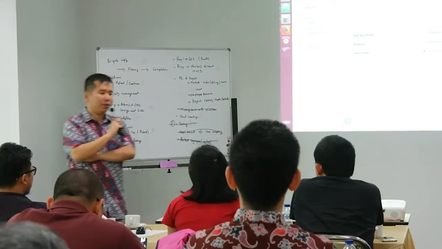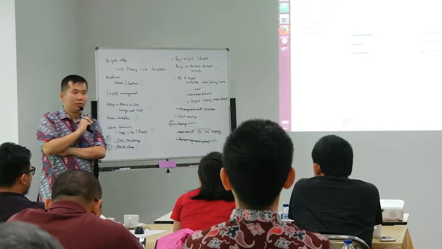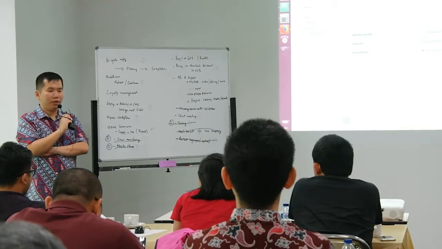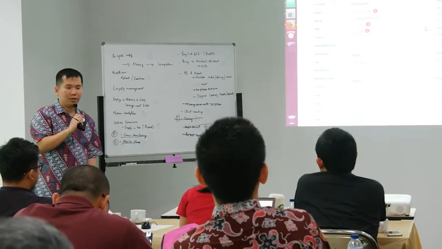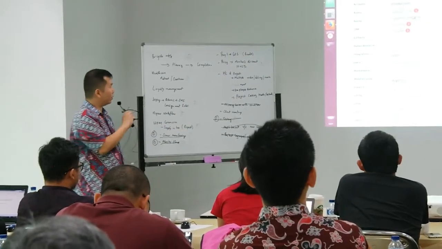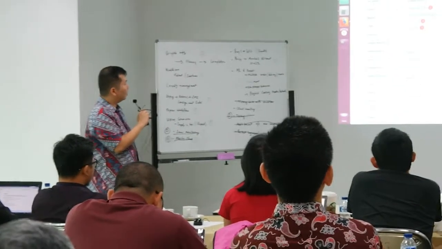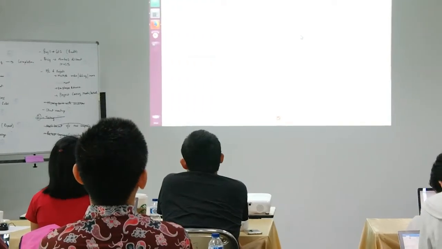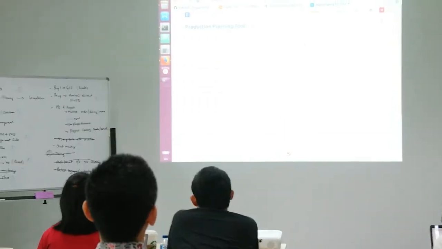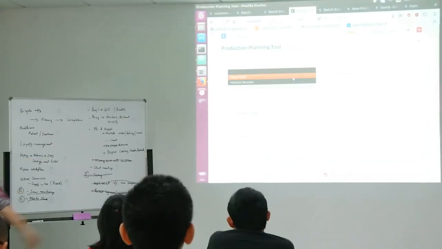I think in ERPNext we have the production planning tool. So if you have a sales order that you need to plan to produce, you can use the production planning tool. Can you open the production planning tool? Inside it, you will see that you can get items from, let's say, a sales order or a material request.